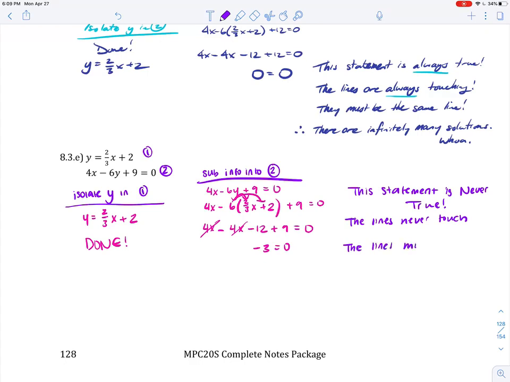Whoa. Which means if the lines never touch, the lines must be parallel. Whoa! Therefore, how many solutions are there? Zip, zilch, nada. There are 0 solutions.